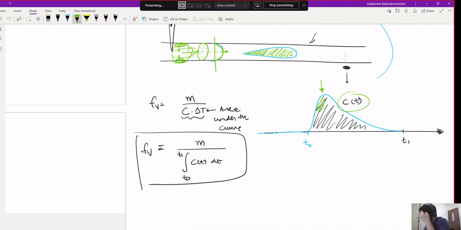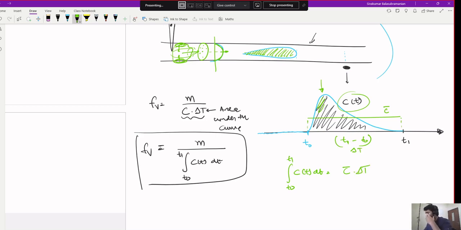Another way to interpret this is that the integral of C(t) dt from t naught to t1 is simply the average value of concentration, C bar, multiplied by t1 minus t naught, which is delta t.